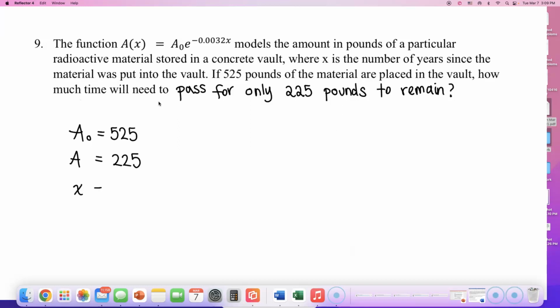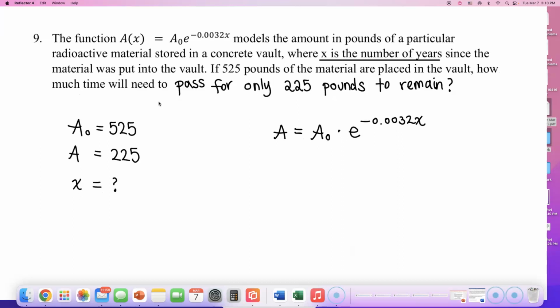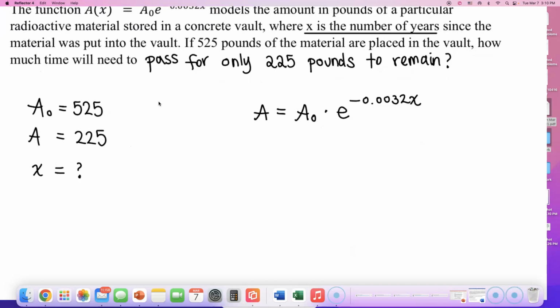I usually use the letter t, but x in this case is the number of years since the material was put into the vault. So let's plug it into our equation, A equals A naught times e raised to the negative 0.0032x, that they gave us, okay?